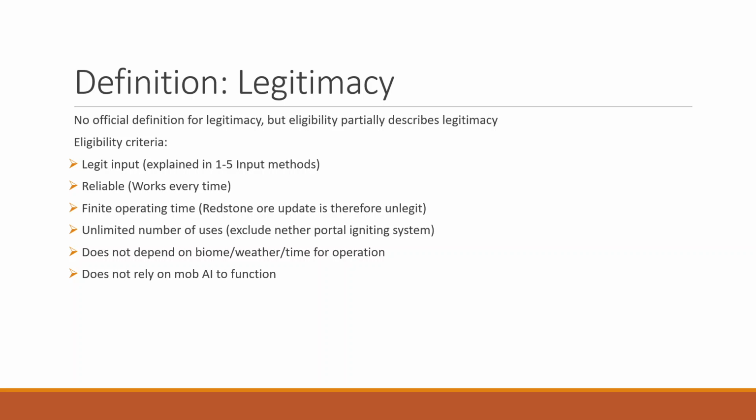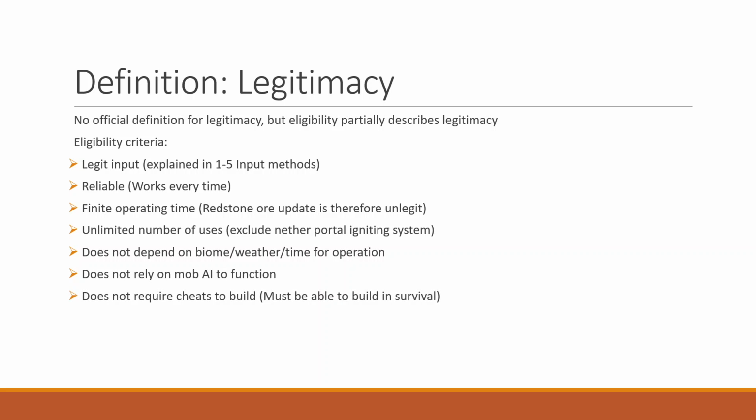Also, one important note is that recently observerless doors have been using witches, because witches are basically the only mobs that can heal themselves fast enough in case they suffocate. Witches drinking potions actually does not require mob AI to function. So using witches and having them regenerate by themselves is actually legitimate.